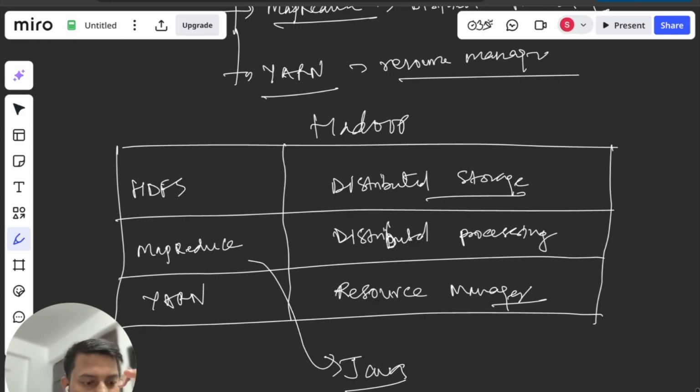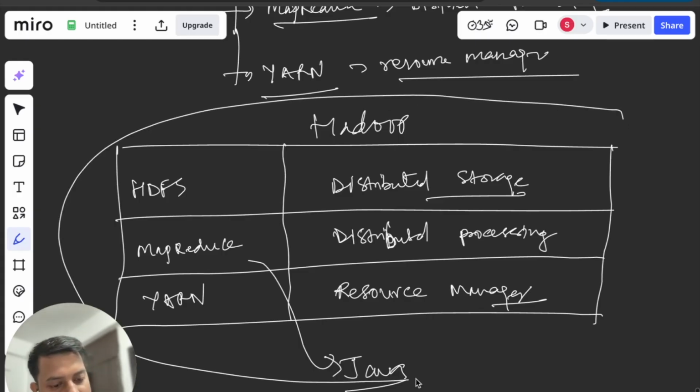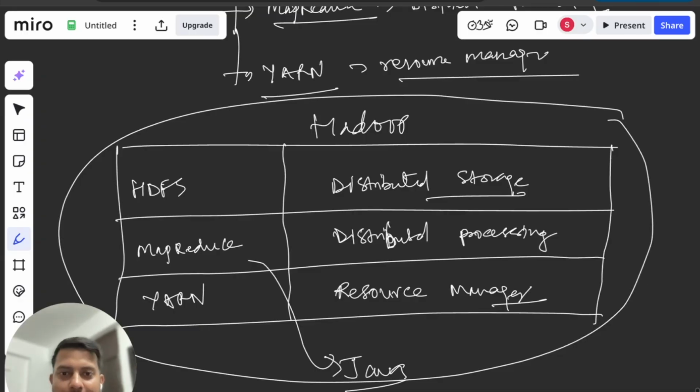I will tell you one more thing. These were the core components. There are a few more things available. Besides the core components, there are also ecosystem technologies for Hadoop.